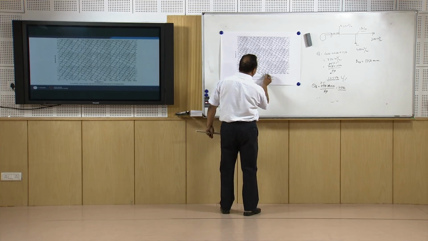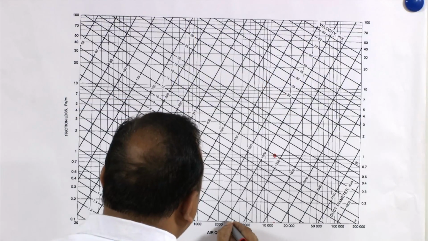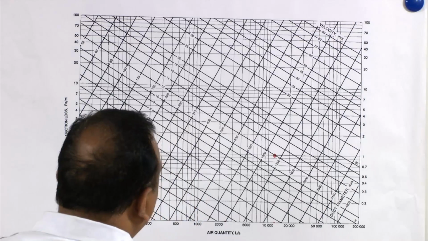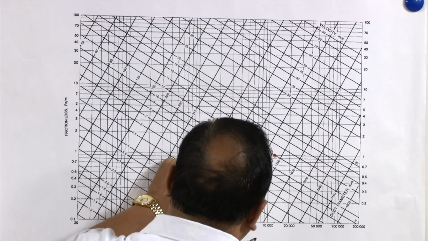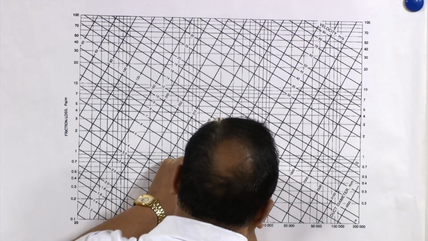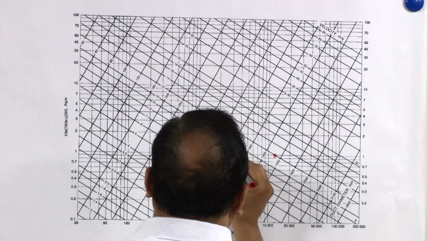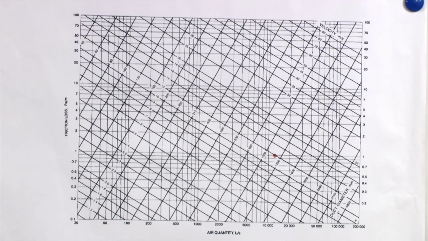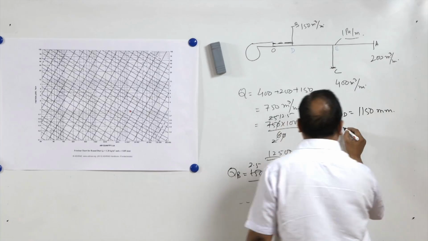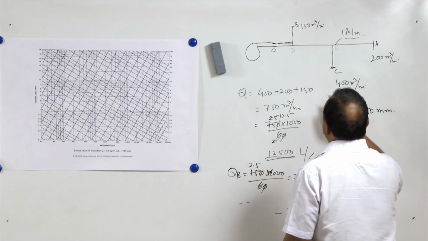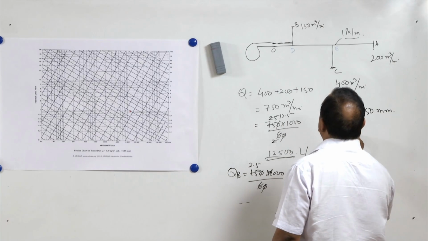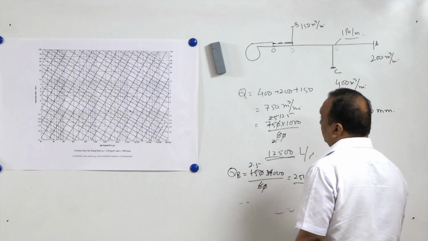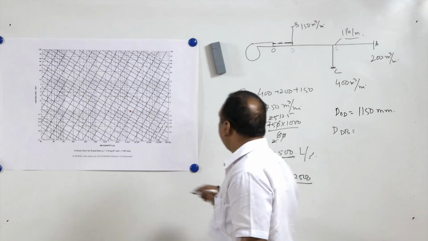This is a log scale, 2000, 3000, 2500 will come somewhere here. From 2500 again we will draw a vertical line and locate the point, and this is going to be the diameter of the duct DB. So DB is going to be equal to 630 mm.